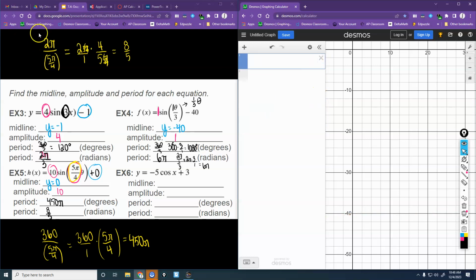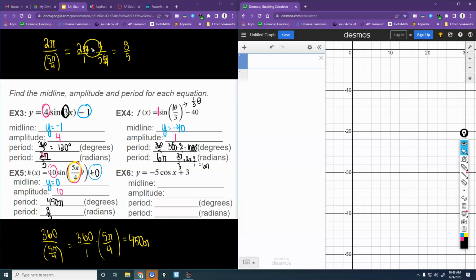So for the radians, every time you do 2 pi divided by whatever number is being multiplied by your variable, which is that theta right there, that's your variable. So all this 5 pi over 4 stuff is your number. So you're doing 2 pi divided by 5 pi over 4. And dividing fractions is easy as pi. So you're going to flip the second and multiply. The bottom fraction is your second.